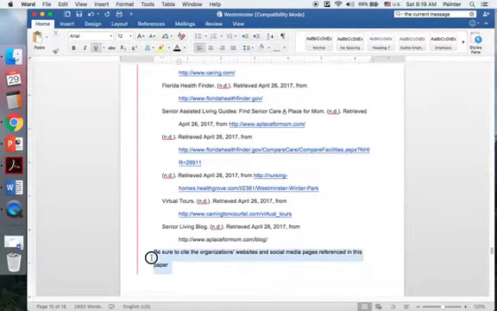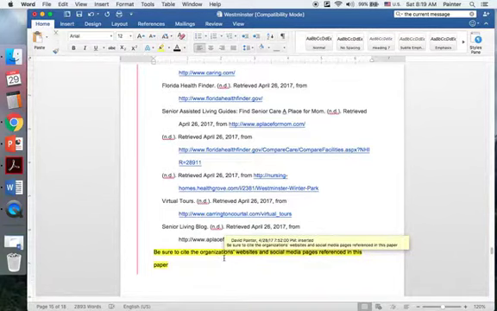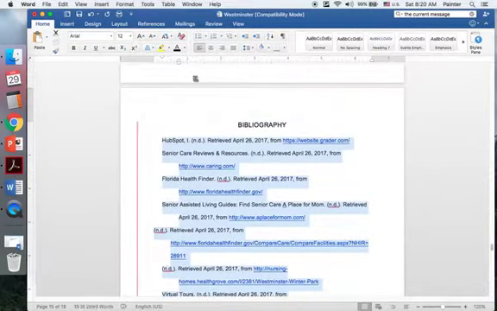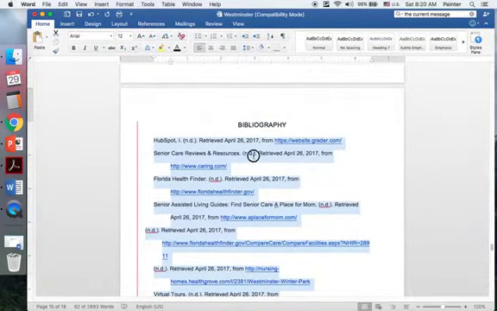Be sure to cite all of the websites from Westminster, Westchester, and Mayflower. Be sure to cite all of the social media platforms you use in your paper from Westminster, Mayflower, and Westchester. You should make sure you put those here in your entries in your bibliography. Looks like this needs to be pulled over a good bit here. Here we go.